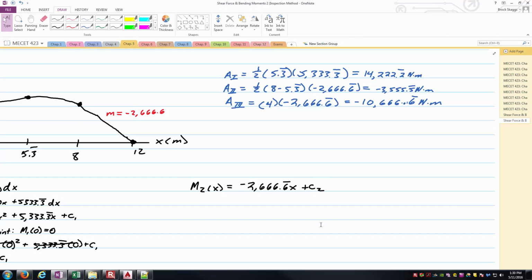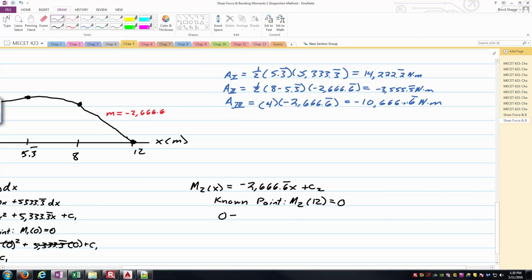Here the easiest point is probably the right hand side, right? At x equals 12, I know that this expression's got to go down to 0 because of the roller. And so I'll put known point is that m2 at x equals 12 must equal 0.